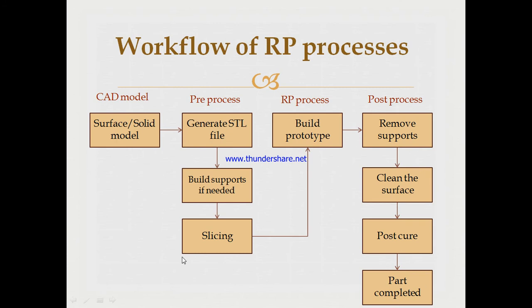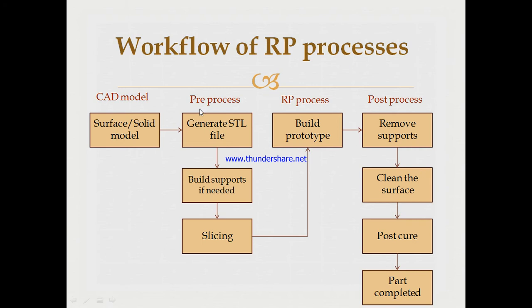So this is a generalized process flow chart, or what we call a workflow chart, of the rapid prototyping process. In this particular case, look at this. First of all, you have to make the CAD model, surface or solid model, by using solid techniques or surfacing. Next is pre-process.